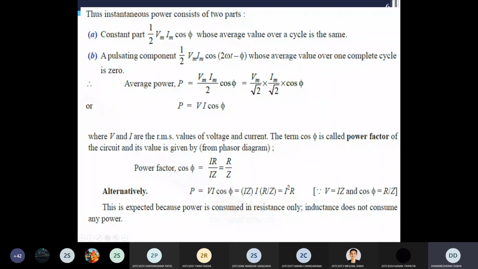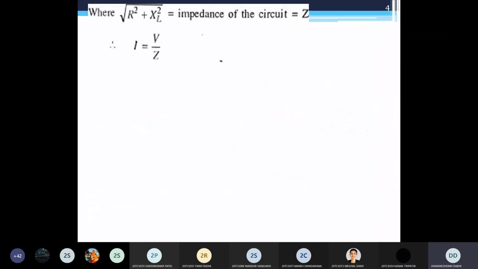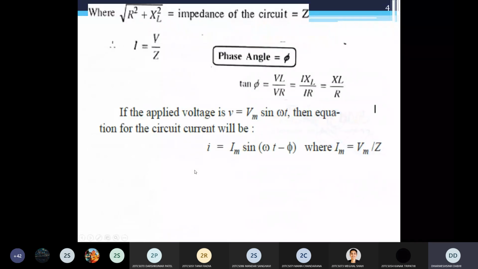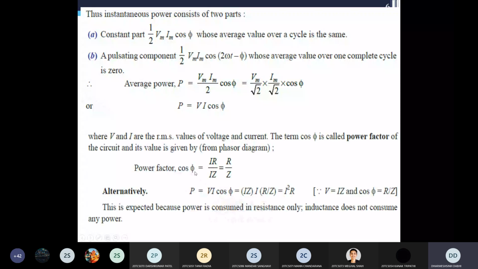From this vector diagram, cos phi is VR divided by V. VR is I into R, and V is the supply voltage, which is I into Z. So IR divided by IZ becomes R by Z.